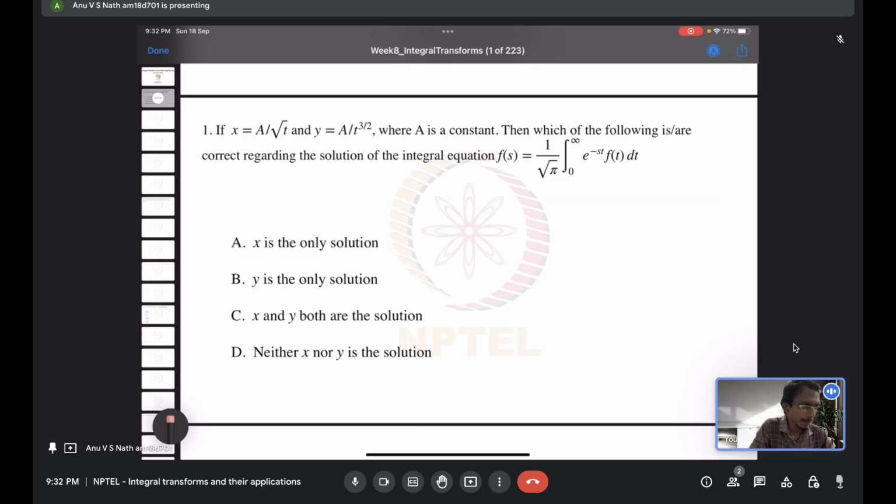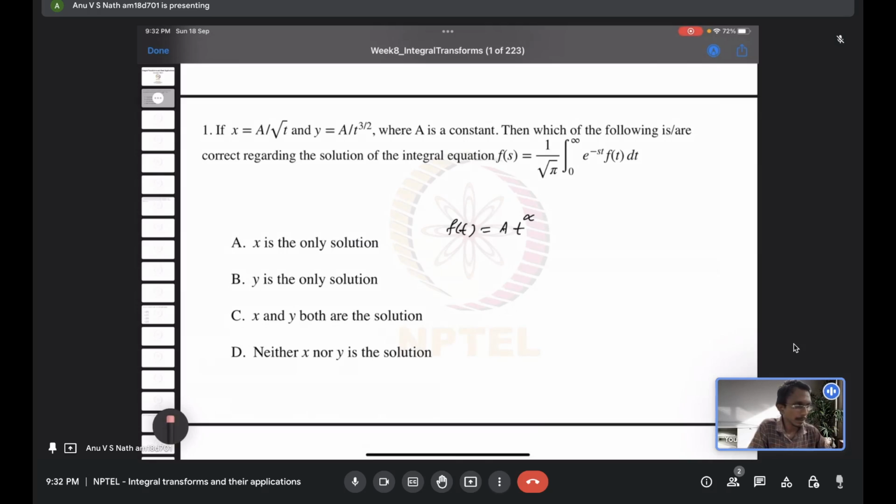So f of t can be x or y or both or neither. Both have the identical format like a times t raised to alpha, where alpha is equal to minus half or minus 3 by 2 in the given options. So we can substitute and check whether it is working or not.